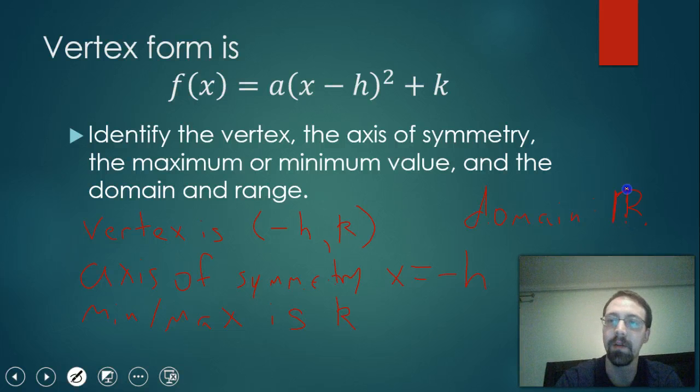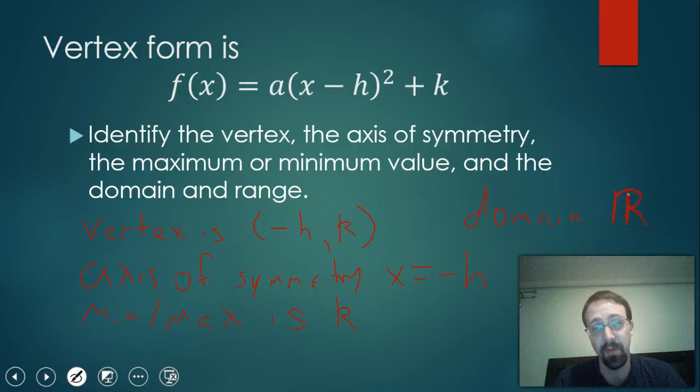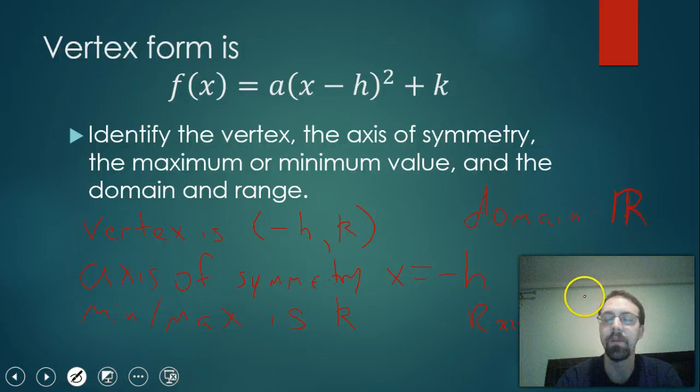Parabolas are interesting in their behavior. The reason that the domain is all real numbers is because at no point in this formula are we dividing by 0. When we start dividing, that's when we have to exclude things from the domain. And the range is either one of two things, depending on if you have a max or a min.